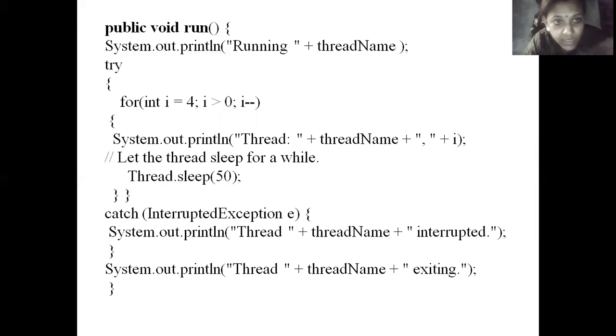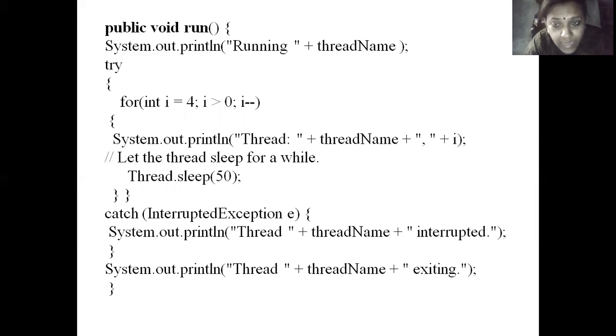Then you have already learned this try and catch block in your last class. Within that try block, you are having a for loop. The thread will run 4 times. Inside that for loop you are having your thread name and i.